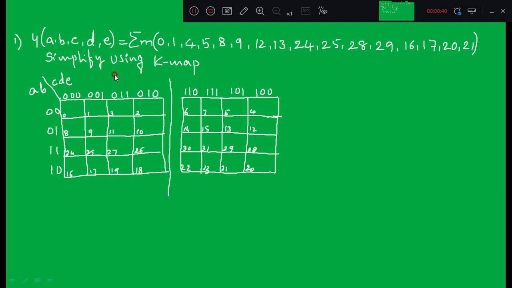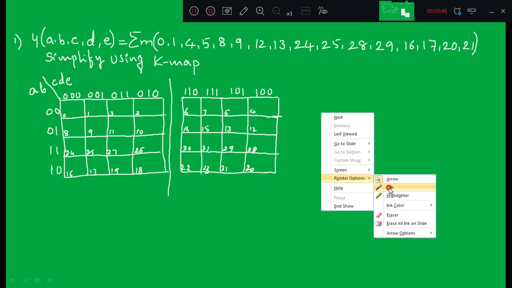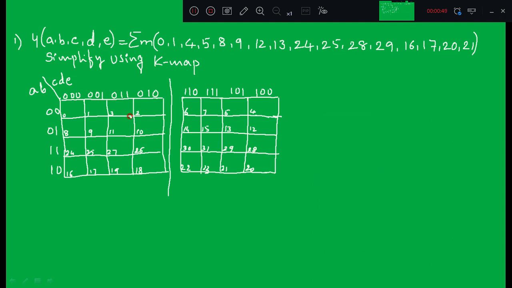So let us fill the cells with these minterms: 0, 1, 4, 5, 8, 9, 12, 13, 24, 25, 28, 29, 16, 17, 20, 21, right?